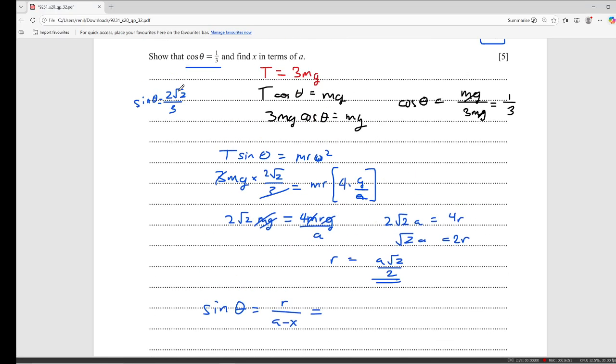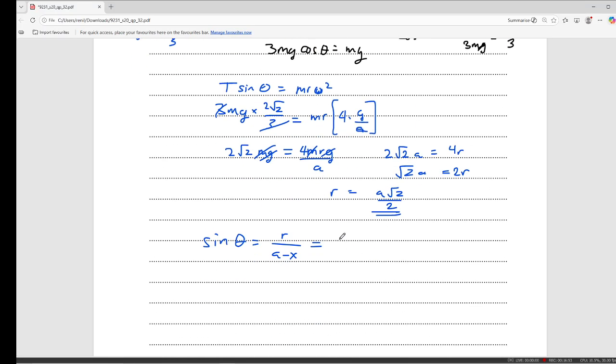And I told you sine theta equals 2 root 2 over 3. Now we know r equals a root 2 by 2, so let us write that down. a root 2 divided by 2 times a minus x, and that is equal to 2 root 2 by 3.